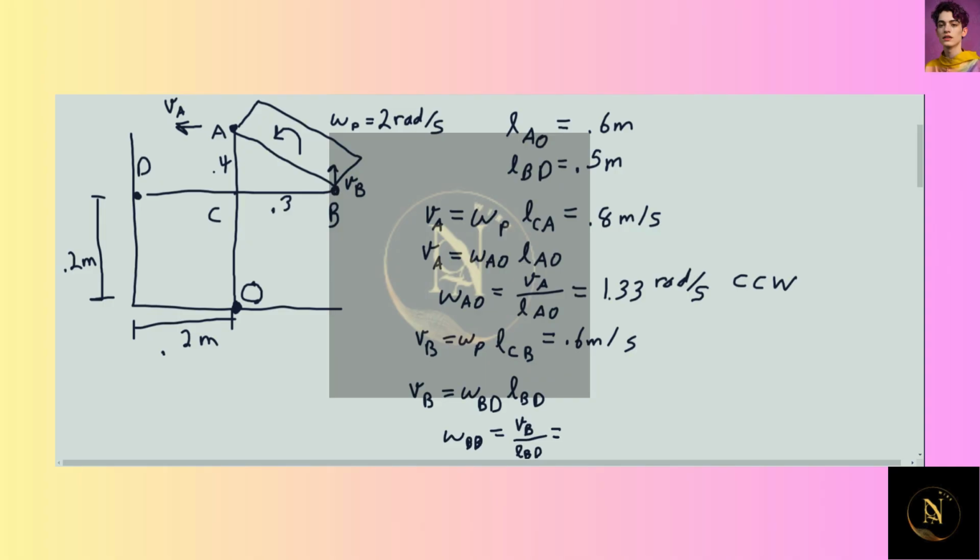The linear velocity we just found was 0.6 meters per second. We divide that by the total length of 0.5, so that's 0.6 over 0.5, in other words, 1.2 radians per second. And again, if D is held in place, that means it's going to rotate in the counterclockwise direction.